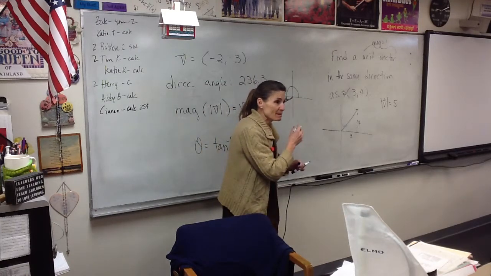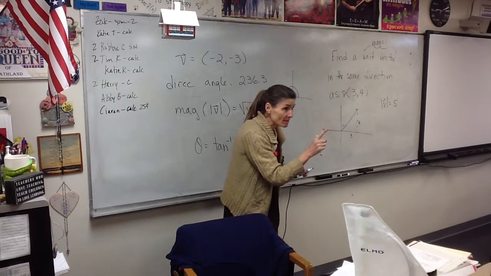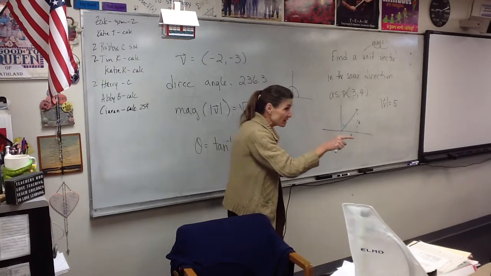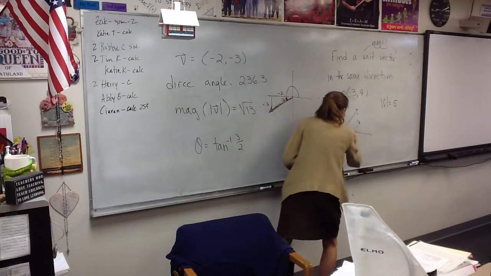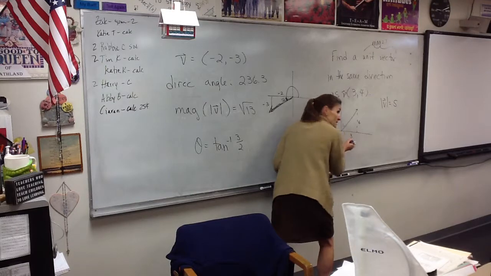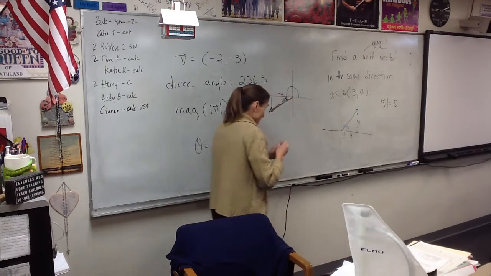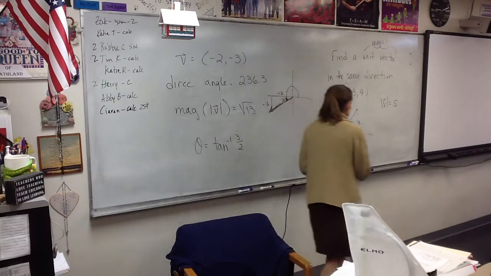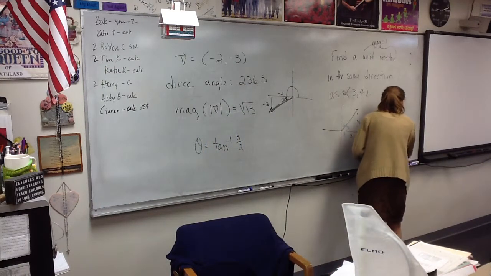Now, what was it in the beginning? It was 5, right? So we took 1/5 of it. So we're going to have to take 1/5 of each of the other sides. So instead of being 3, this little piece is going to be 3/5. And this one will be 4/5. So your unit vector is the vector 3/5, comma, 4/5.